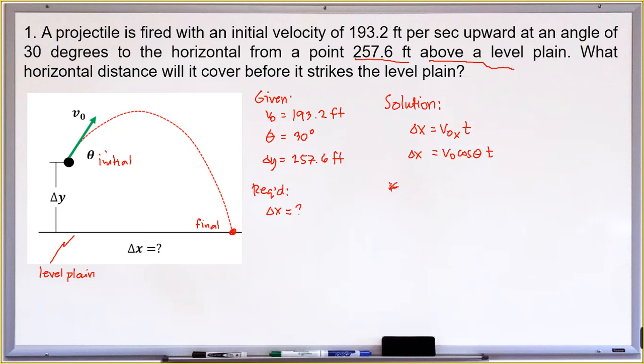In the y component, we have this kinematic equation for the displacement along y, that is delta y is equal to v naught y t minus 1 half g t squared. We know that delta y is given, 257.6, v naught y is given through the initial velocity and the angle, and of course g is constant. In English units that is 32.2. So we have one equation and one unknown, that is t. However, this is a quadratic equation because the degree is equal to 2, t squared. But it's okay because we can use the quadratic formula or our scientific calculator.